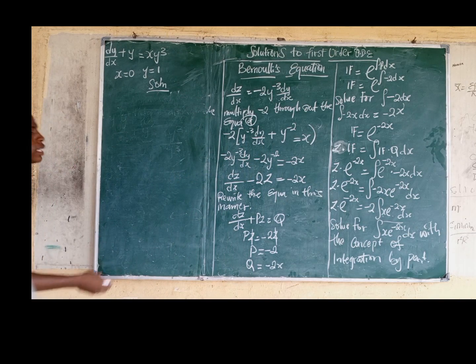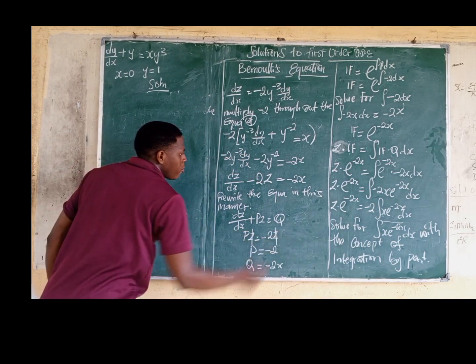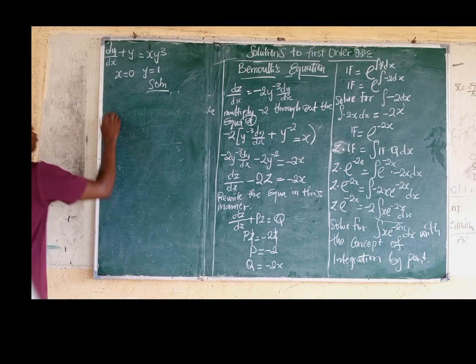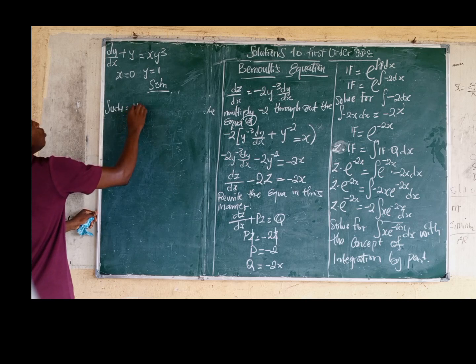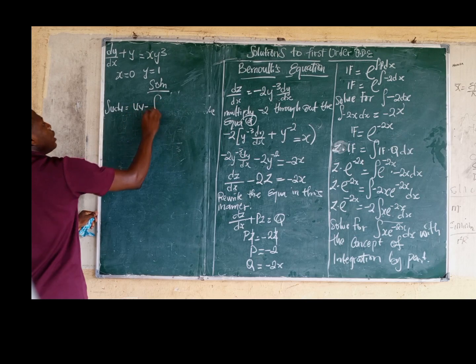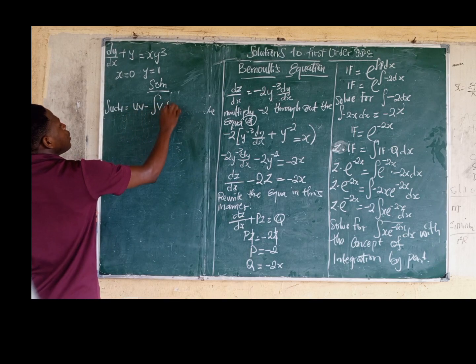Now, what is the concept of integration by parts? The concept says the integral of u dv is equal to uv minus the integral of v du.